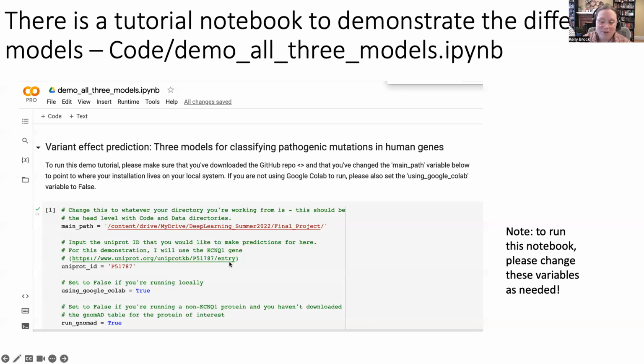So please feel free to play around and input your UniProt IDs of choice. Finally, if you want to run something besides KCNQ1, the very last section of this notebook compares to a different external data source that requires manually downloading it. So set this to false if you're running anything besides our demo protein.